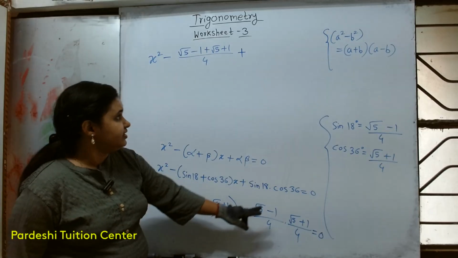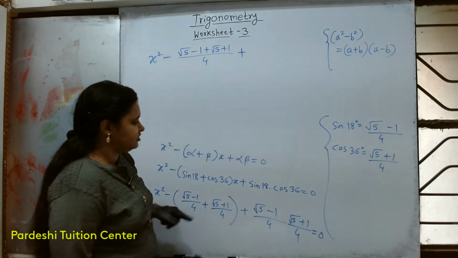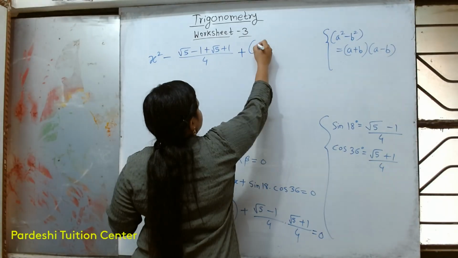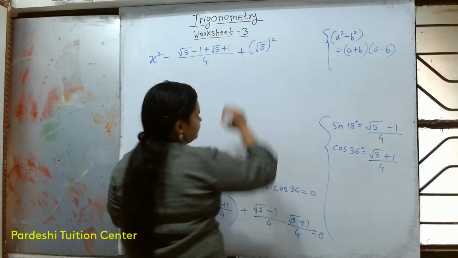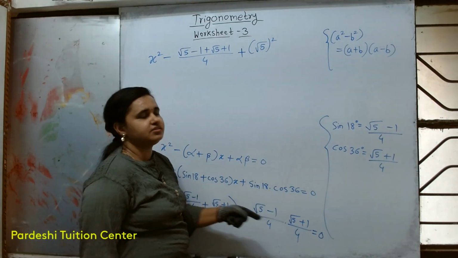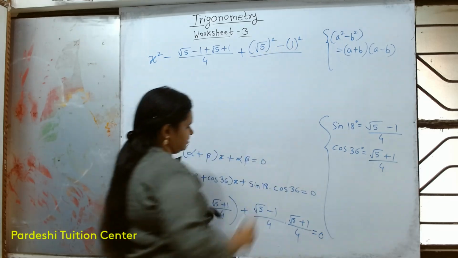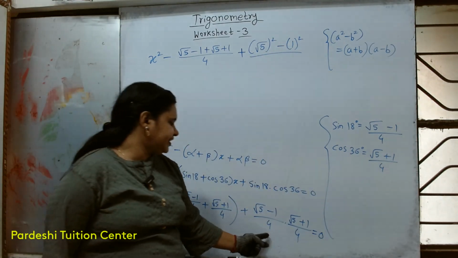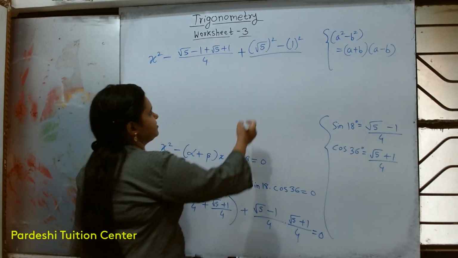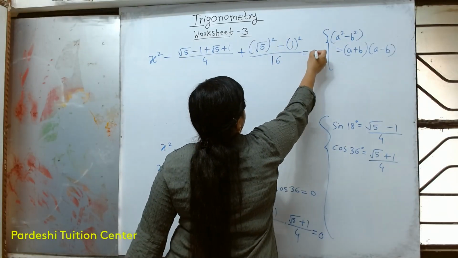So it will be a square minus b square. a square is root 5 square minus b square, that is minus 1 square, upon, and the denominators will be multiplied, 4 multiplied by 4 is 16, equals 0.